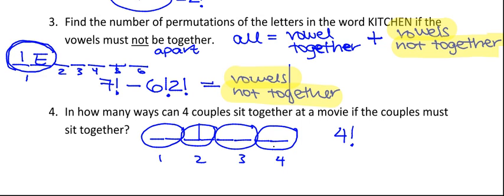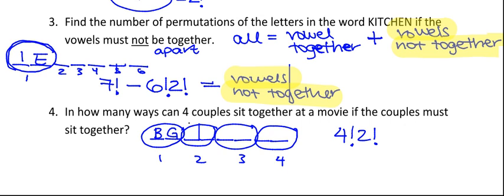But now, like in the previous 2 questions, I must zoom in and say, how many different ways are there of arranging this couple? Let's pretend that this is a boy-girl couple. There are 2 factorial ways of arranging this couple. It could be boy-girl or girl-boy. So multiply by 2 factorial. The same is true for every couple.